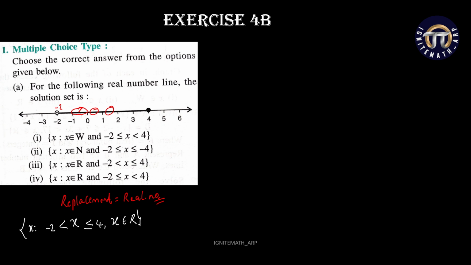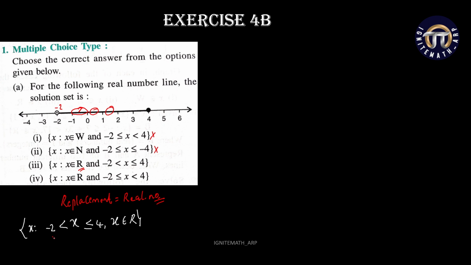Correct, children? Yes or no? Which option can you tell me now? Okay, observe it. This is the set of whole numbers, so this cannot be possible. This is the set of natural numbers. This is not possible. When it comes to the third option, yes, it is the set of real numbers. There are chances, but see, observe, x is greater than minus 2, smaller than or equal to 4.